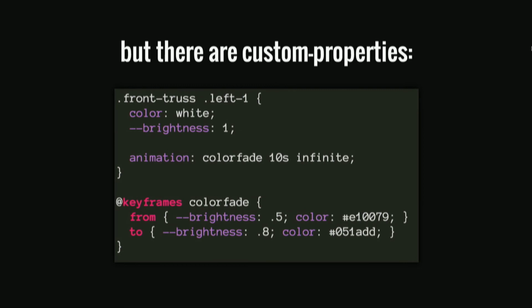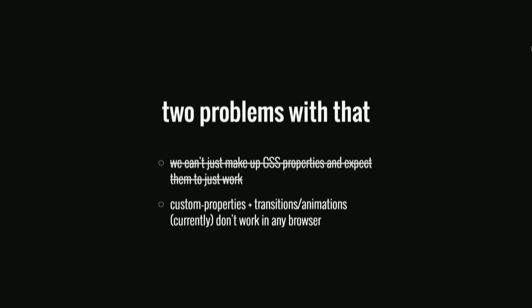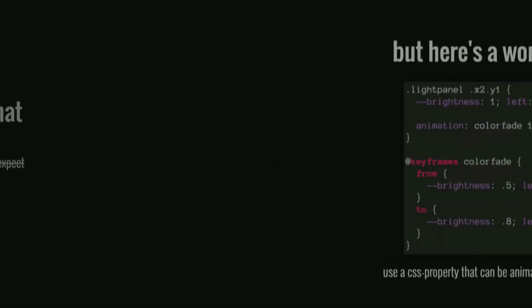With that, we convert them to custom properties, and those show up in the computed style, so I can just get them there. The other problem that we face is that custom properties don't really work together with transitions and animations. I don't even know if they should. I feel it's a bug, but I have no insight into that.